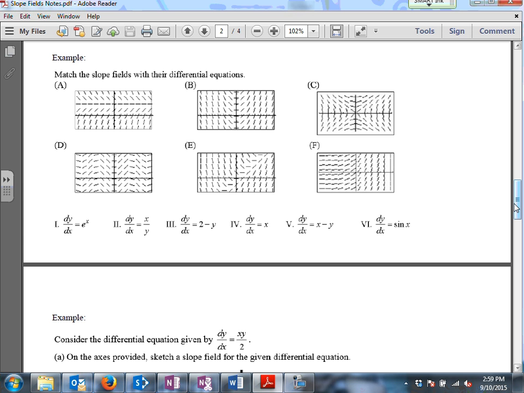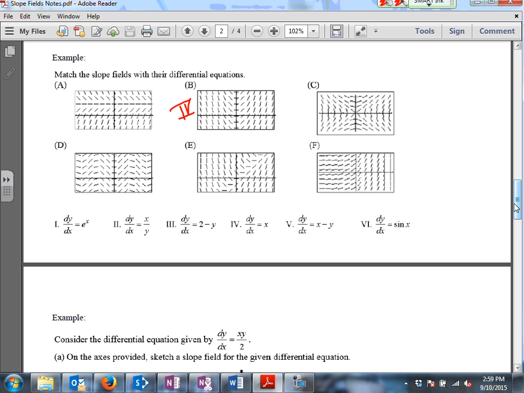B. Thank you. What is another strategy you can use in this particular case? We can plug in x values. We could also think of what's the antiderivative of x? 1/2 x squared. And so we know it should look like a parabola.